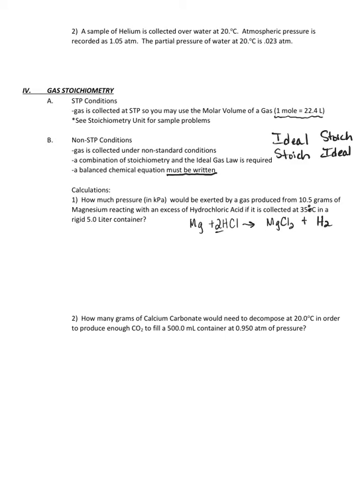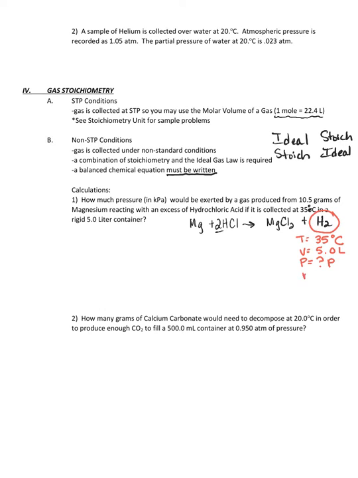And the only gas here is our hydrogen gas. So when they talk about how much pressure would be exerted by a gas, we're focusing on our hydrogen. So when they talk about our 35 degrees Celsius in a 5.0 liter container and they ask for the pressure, that's our T, our V, and our pressure.